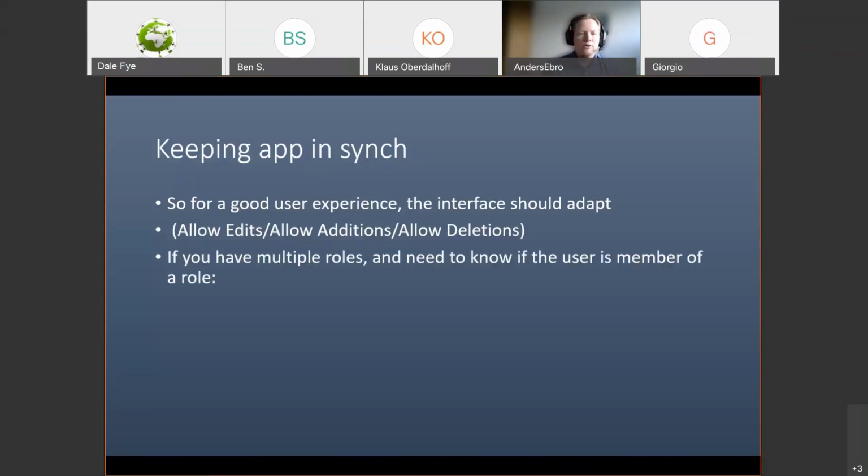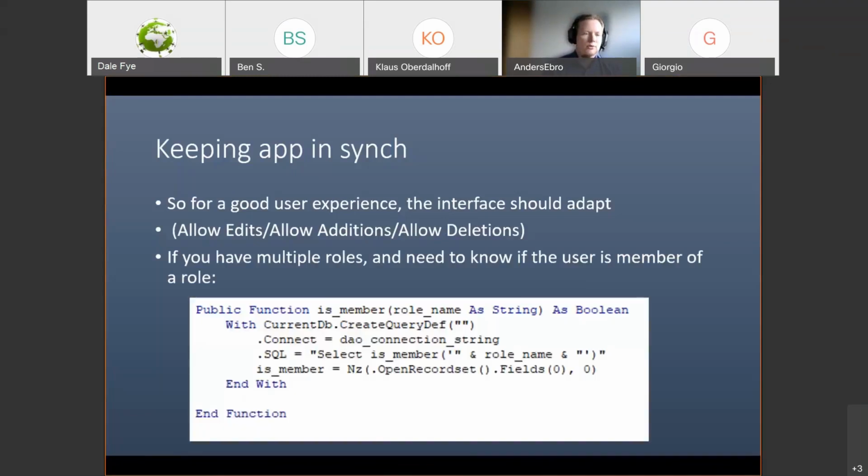And if you want to know if the user is a member of a role, I have this simple VBA function, which is actually calling a SQL Server function by creating a pass-through query, passing it my connection string, then doing a select is_member. This is a SQL Server function. Is he a member of this role?